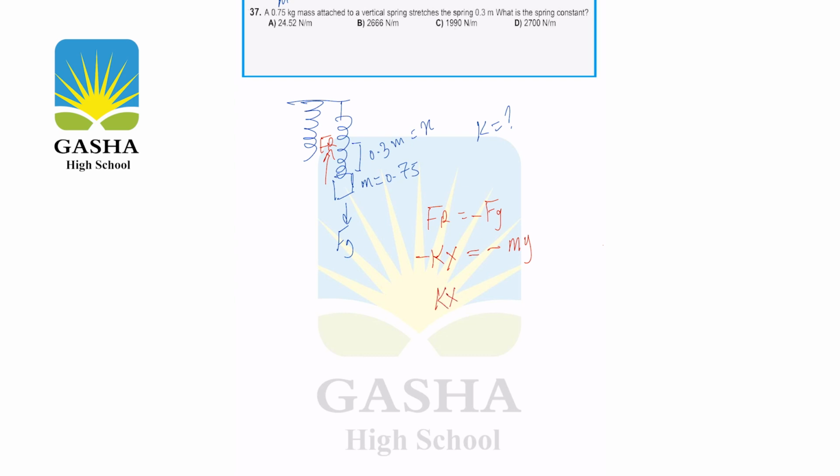So kx will be equal to mg, and k will be equal to mg divided by x. m is 0.75 and g is 9.81 divided by 0.3, and the value of k will be equal to 24.5 newton per meter, and choice number A will be the correct answer.